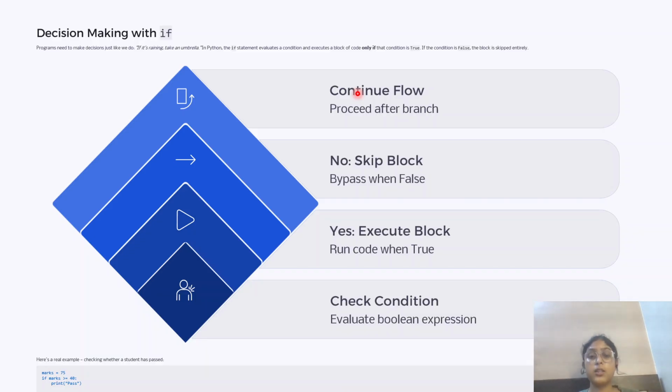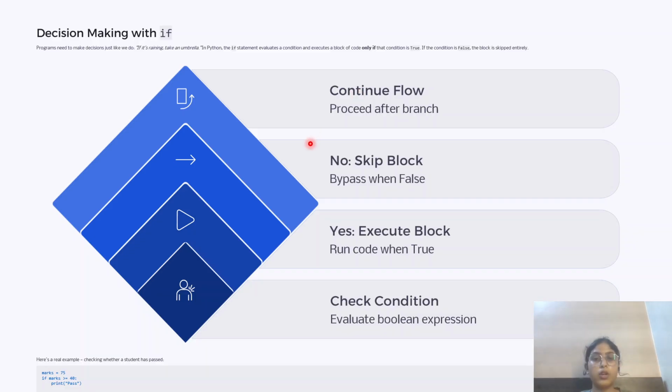If statement, the simplest decision structure. An if statement is nothing but checking whether the condition has been satisfied or not. The block of code is only executed if the condition is true. If it is not true, it will be skipped entirely.